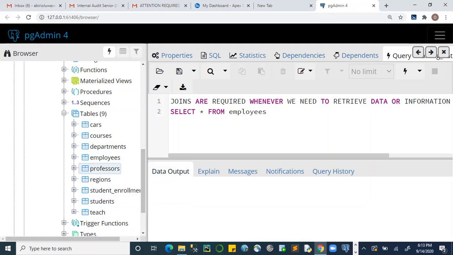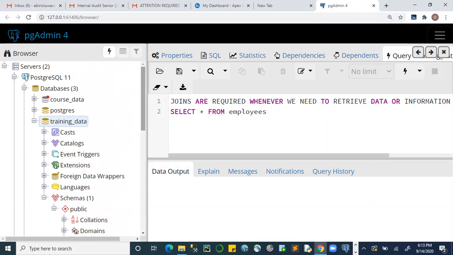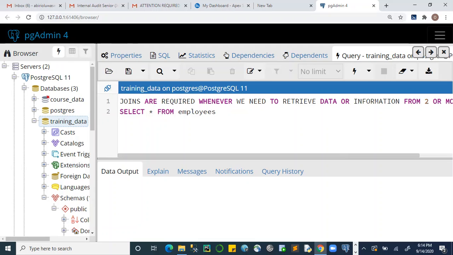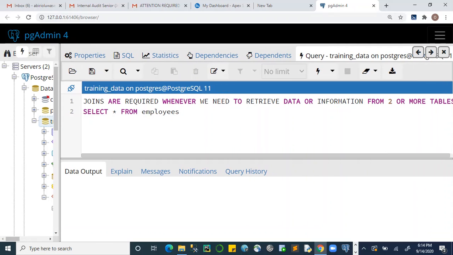So we have three tables that we are going to be looking at in this tutorial. But so far, we've only been looking at just one of the three tables. What if we have requirements that want us to return data from two or more tables? That's when we need to use joins.